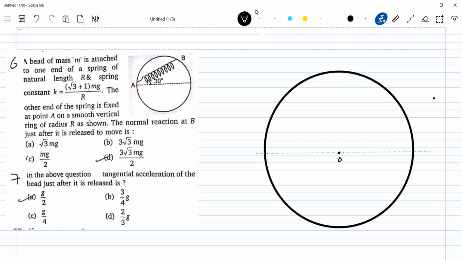Just like with spring force also, we can discuss about that one. Now this is the bead somewhere here. This is fixed here, this is a ring. So the bead will come like this.